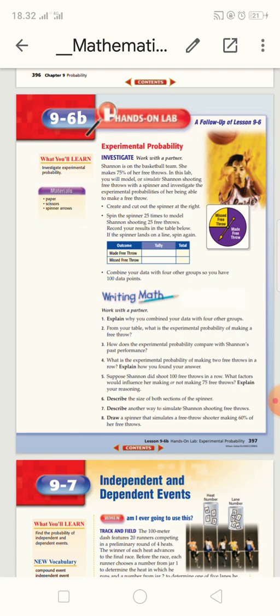Describe the size of both sections of the spinner. 7. Describe another way to simulate Shannon shooting free throws. 8. Draw a spinner that simulates a free throw shooter making 60% of her free throws.